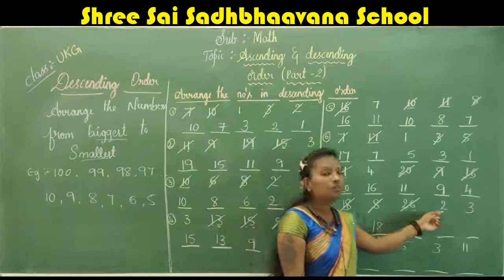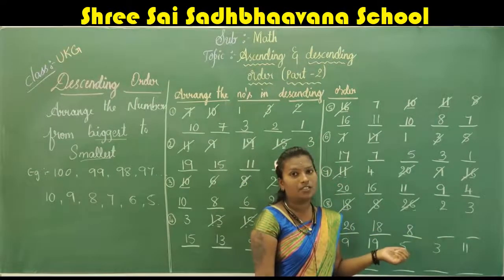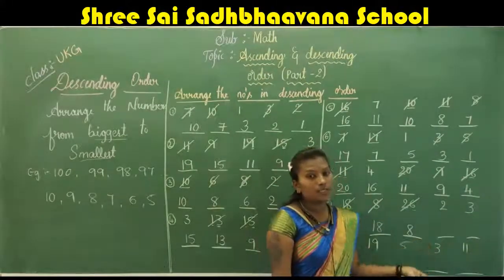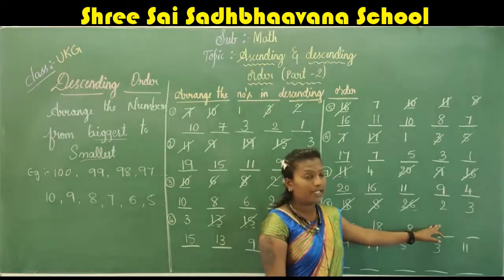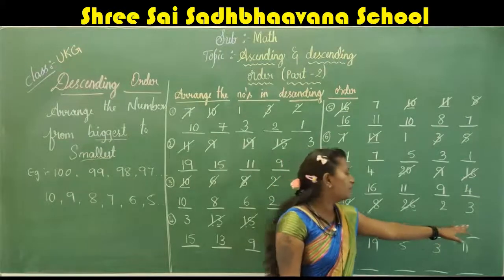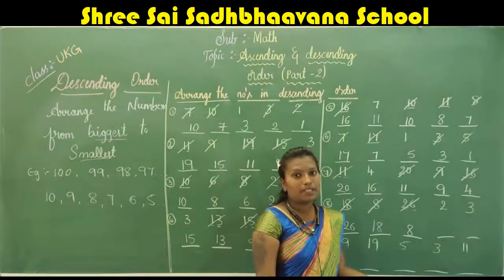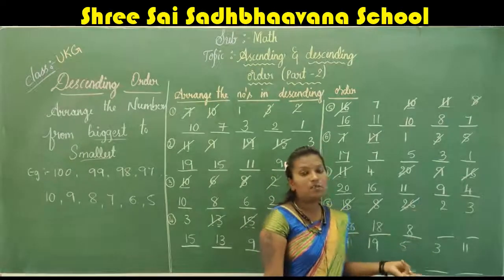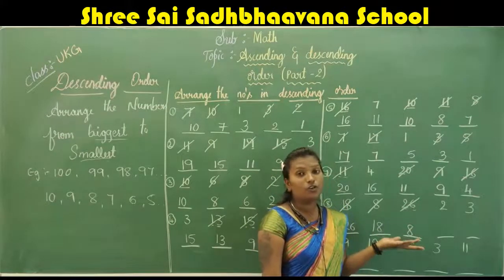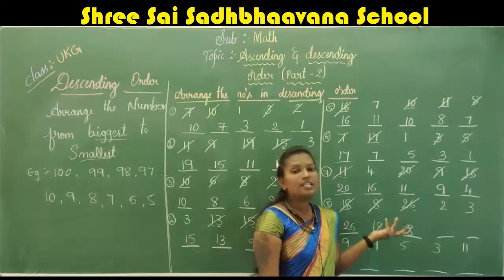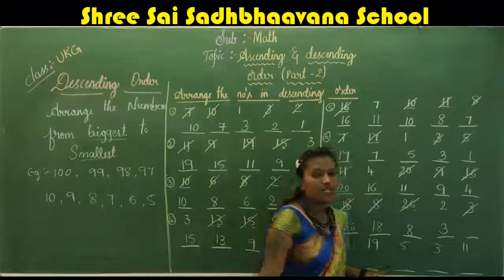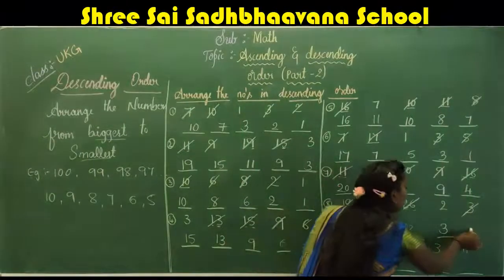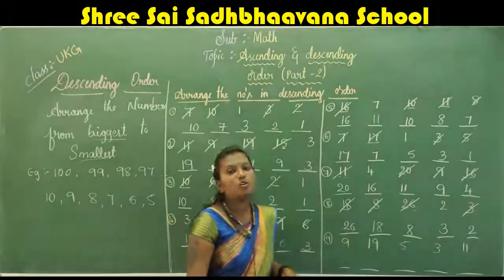Next, numbers 2 and 3. Of these two numbers, the biggest one we write in the fourth place, and the smallest one in the last place. Which is the smallest number here? Of course, number 2. So 3 is the biggest number. We cancel number 3 and write it in the fourth place. And the last number is 2, because 2 is the smallest number.